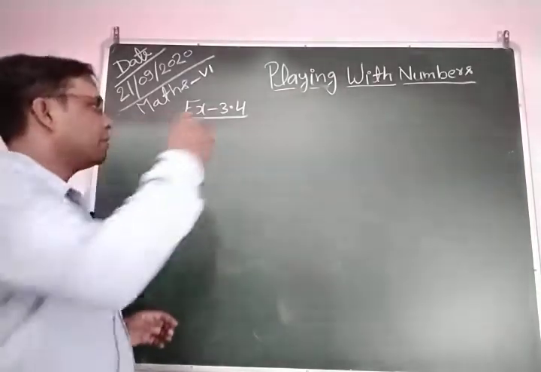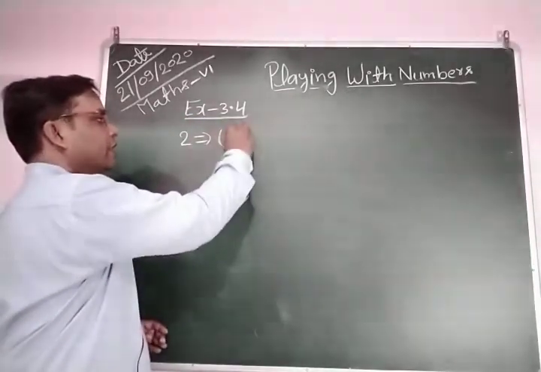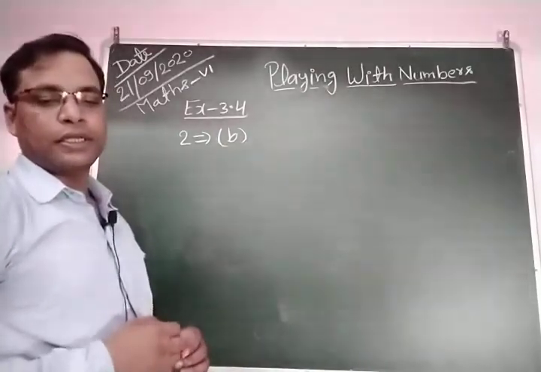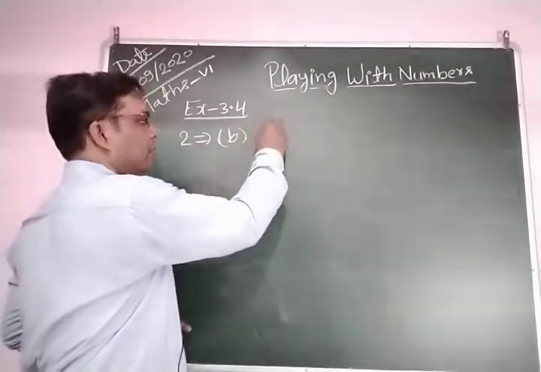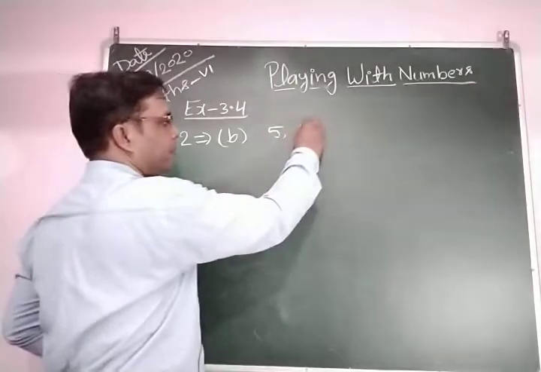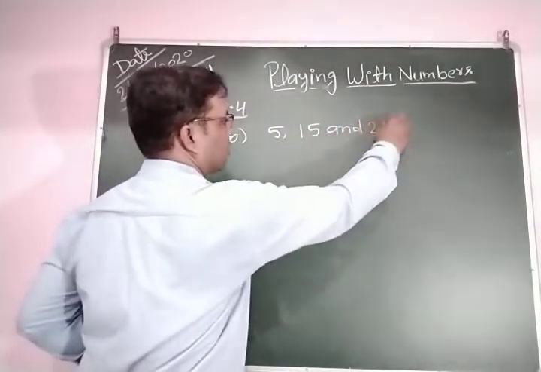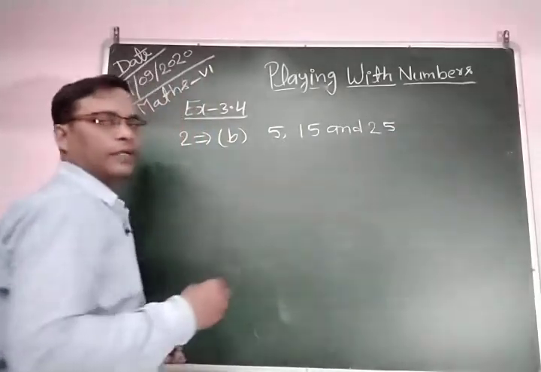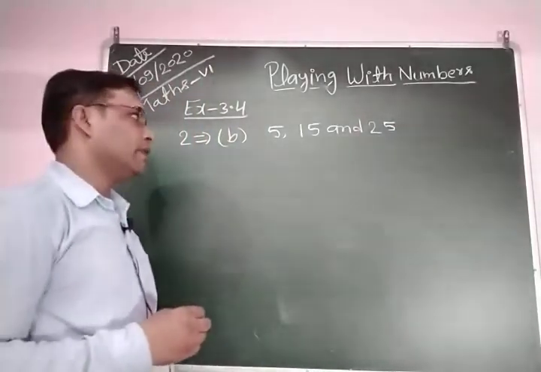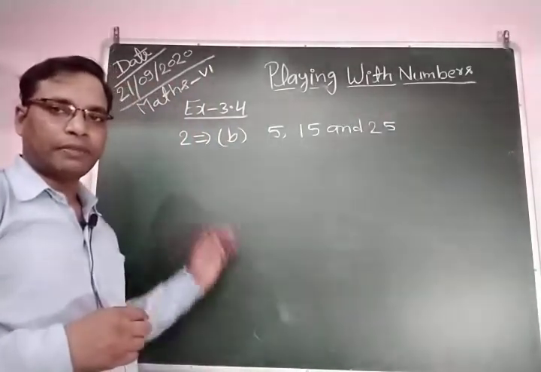So here this is part B. Part B is given here: 5, 15 and 25. We need to find the common factors of these.